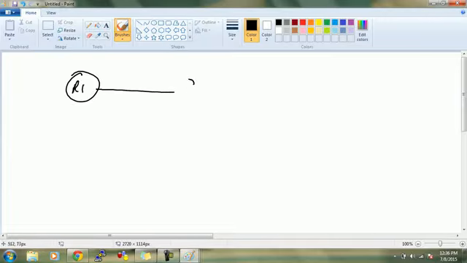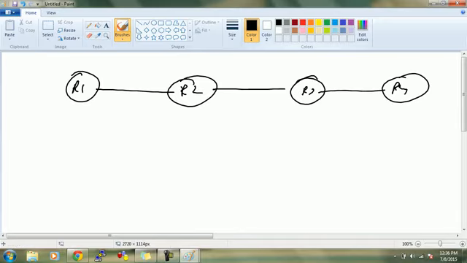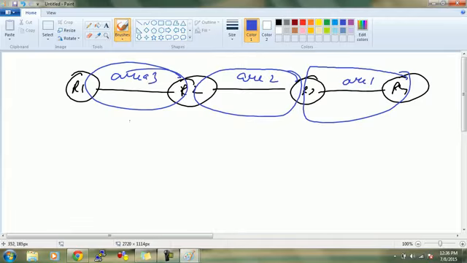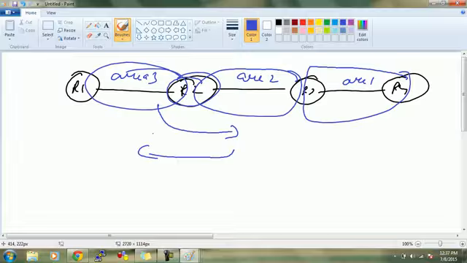Now R1, R2, R3, R4. I am saying here I am running area 1, here I am running area 2, here I am running area 3. So what do you think? Will this router give information of area 3 into area 2 or area 2 into area 3?